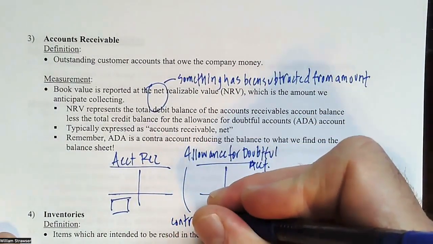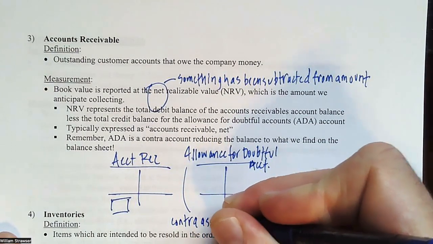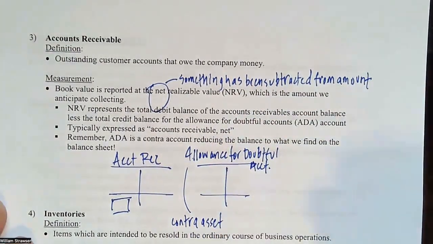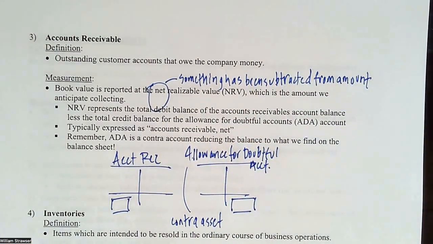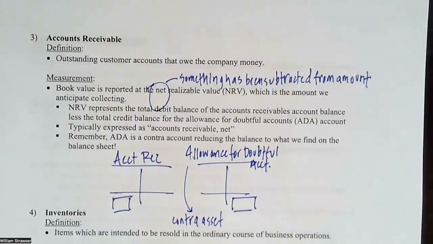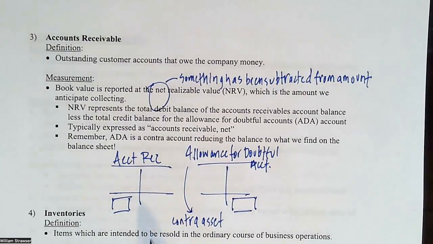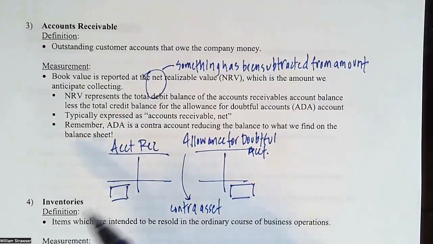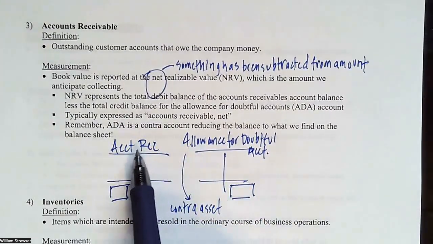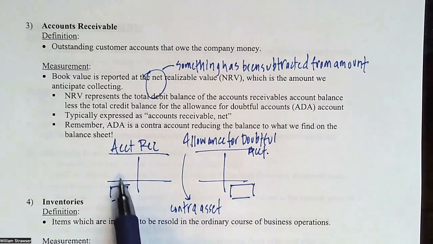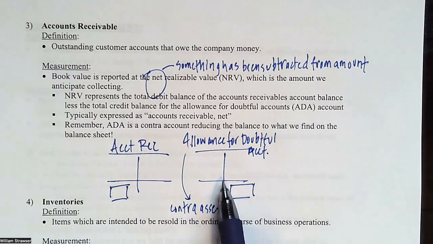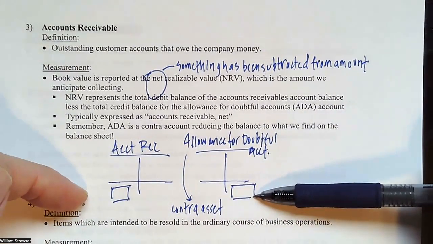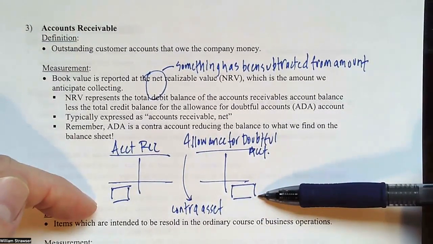Remember from module 2, contra assets have the opposite balance of their account that they are associated with, and we keep them separate in our ledger, in our book of accounts that has all of the items that affected accounts receivable, all of the items that affected the allowance for doubtful accounts. We bring them to a balance at the balance sheet date.